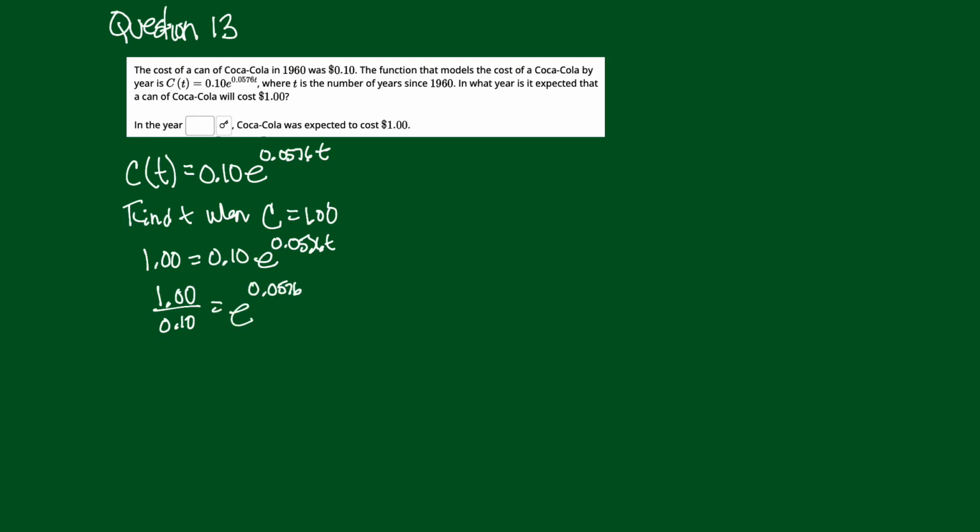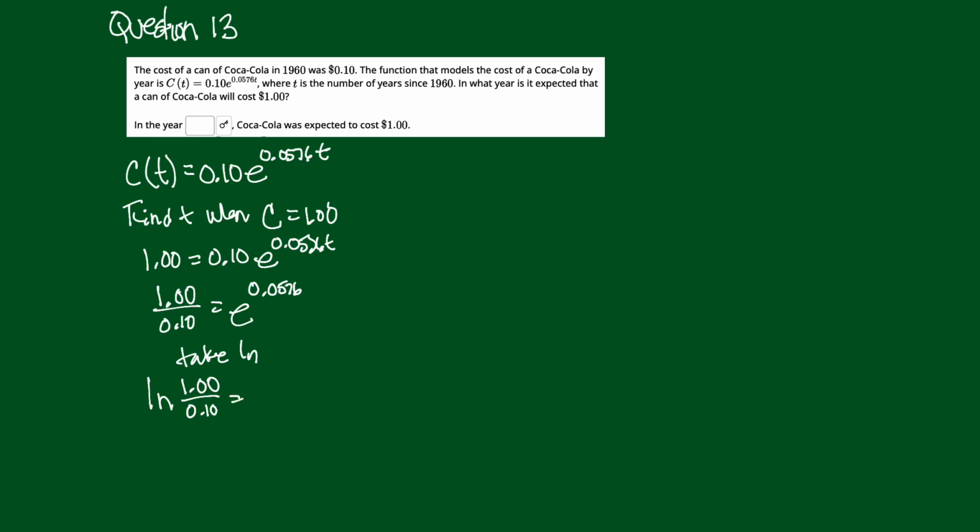If you like, you can go ahead and divide that, but I'll just have the calculator do it at the end. It's exponential, so I'm going to use logarithms, and the base is e, so I'm going to use natural logarithms. I'm going to take the natural log of both sides. On the left, it'll look like this: the natural log of 1.00 divided by 0.10.